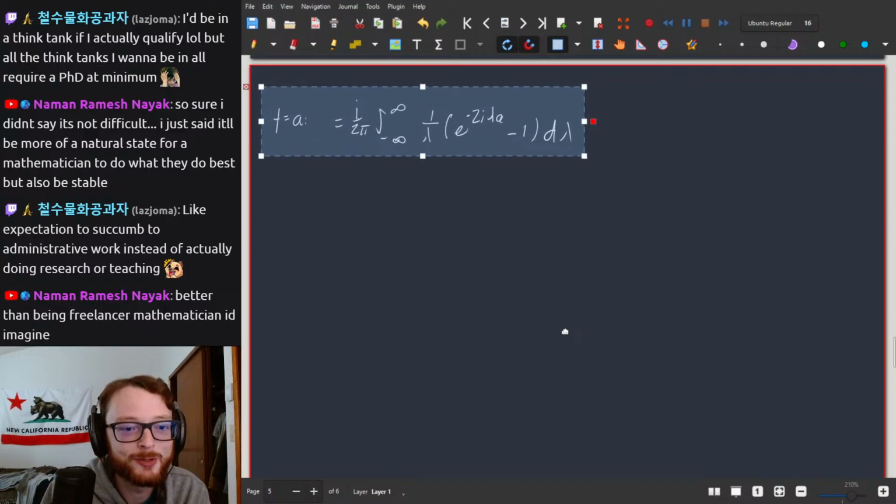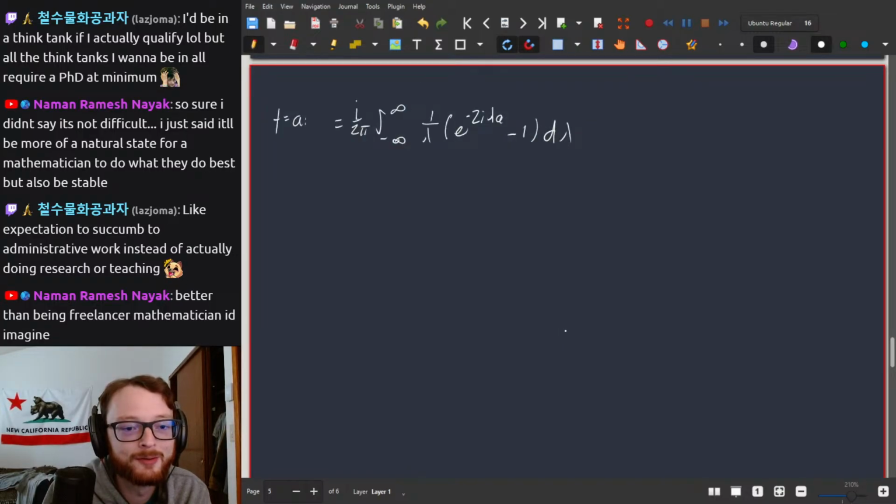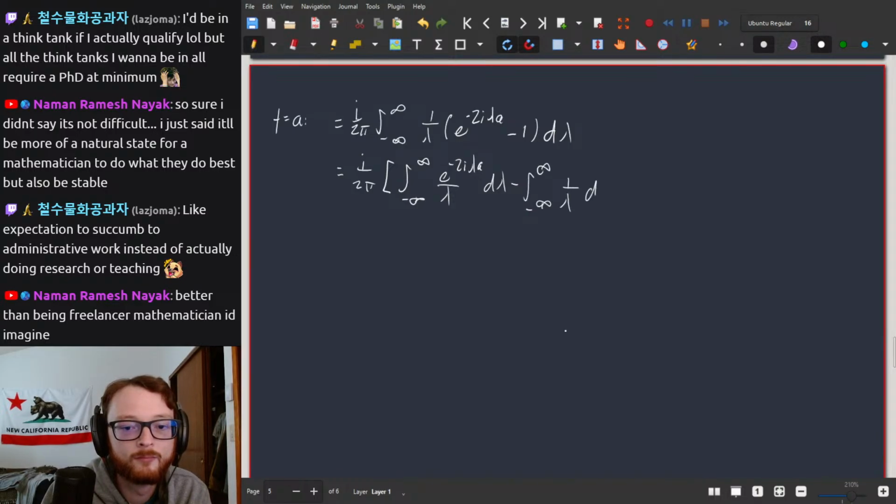Maybe I can make Jordan's lemma work. So I'm just going to say the second integral here is 0 because of principal value.